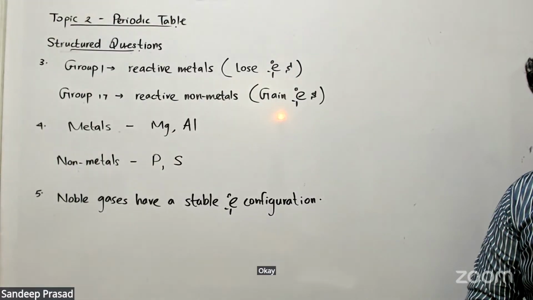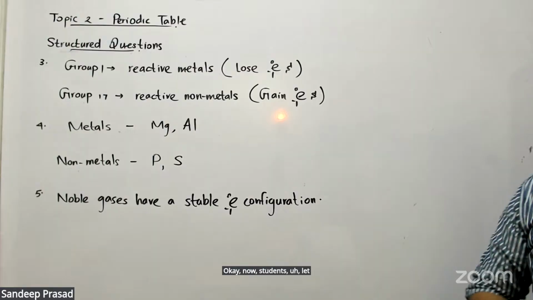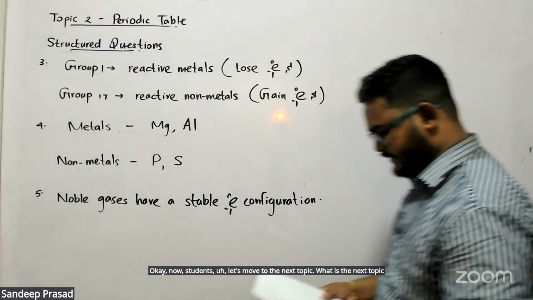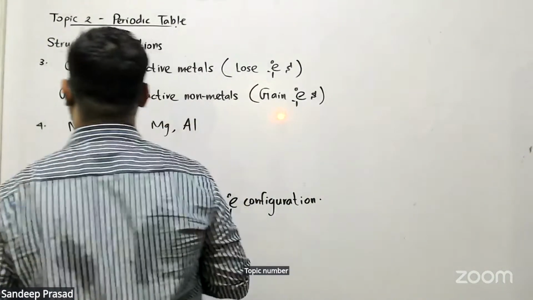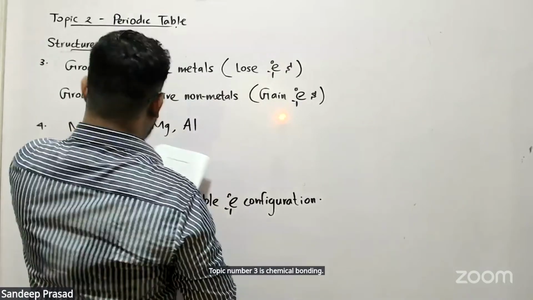Okay, now, students, let's move to the next topic. What is the next topic? Topic number 3 is chemical bonding. Let's see.